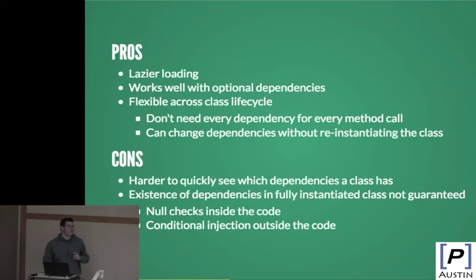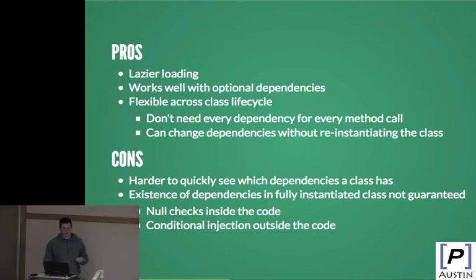So either way, you have a little bit more control over the life cycle of a given dependency. For example, if the dependency takes maybe 150 milliseconds to instantiate, then you can say, actually, we'll just delegate that to the setter and set it when we need it, and don't when we don't. The con of that is that if you're relying on that dependency to be there when the object is created, obviously you're not going to have that guarantee, because the dependency isn't in the constructor.